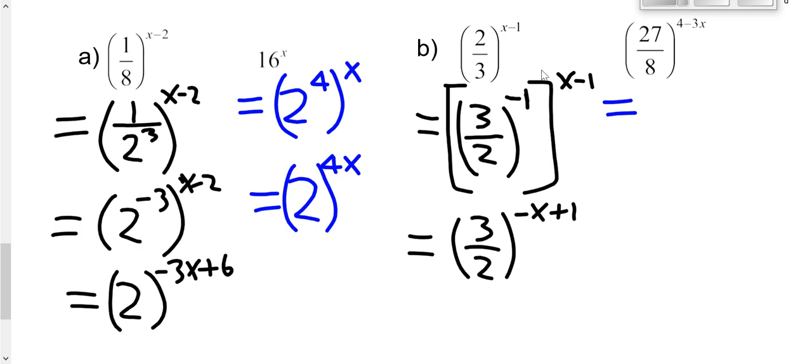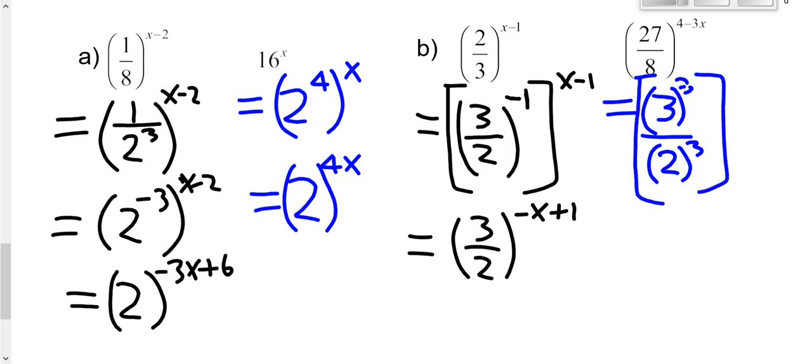Alright, so if you look at this, 3 and 27, hope you can see that 3 cubed gives you 27, and then on the bottom 2 and 8, so 2 raised to the power of 3 or 2 cubed gives you 8, and then on the outside 4 minus 3x.